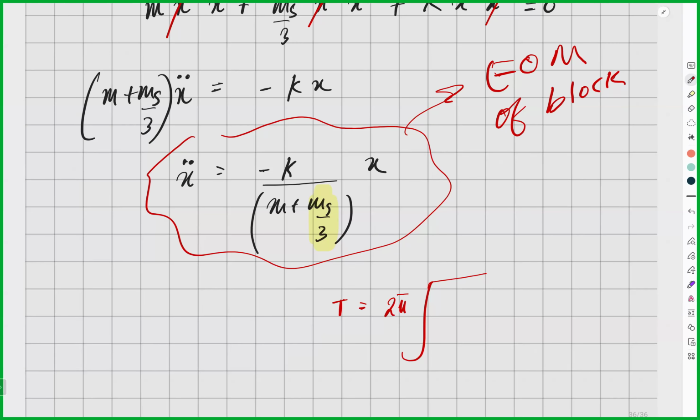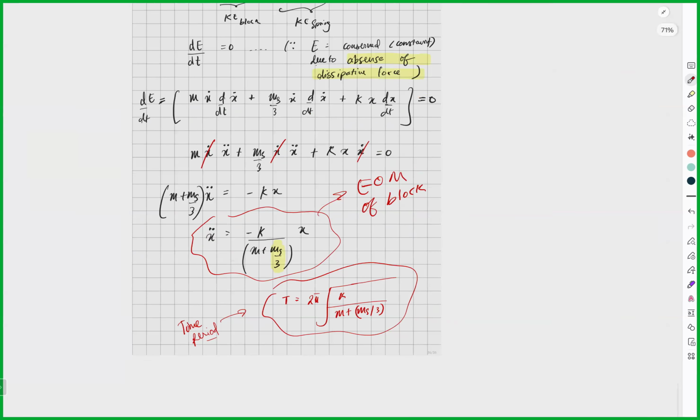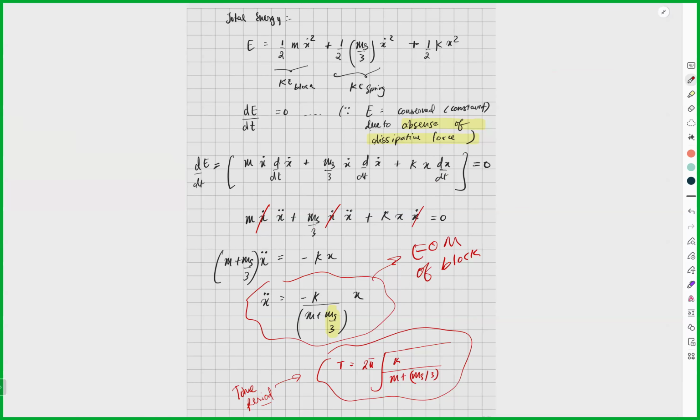Sir, I have one question to ask. May I? Sure, sure. Yes, sir. My question is that dE dt, the derivative of the energy with respect to time, equated to 0, is only applicable for the cases, as you have mentioned, where we have conservative forces, in which there is no dissipation of energy? Yes, only applicable for conservative systems, which means that only conservative forces are there in the system. When you have dissipative forces in the system, then your energy becomes decreasing, right?